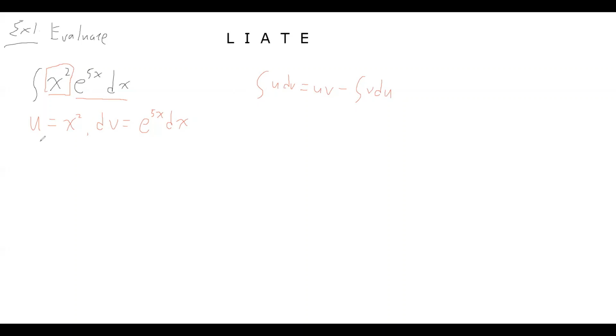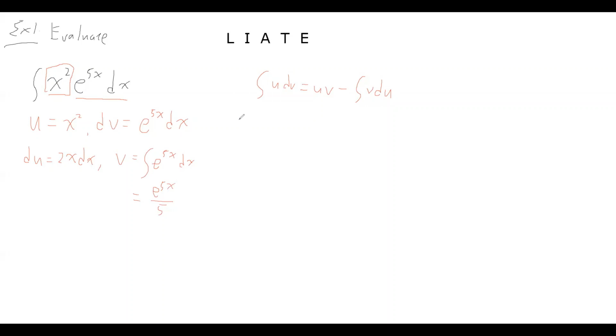So du is going to be the derivative of this, which is 2x dx, and we're going to integrate dv to get v. So integrate this, the integral of e to the 5x dx, and that's going to be e to the 5x over 5. And here we're not going to worry about the plus c yet. We'll just add the plus c at the end. Okay. All right.